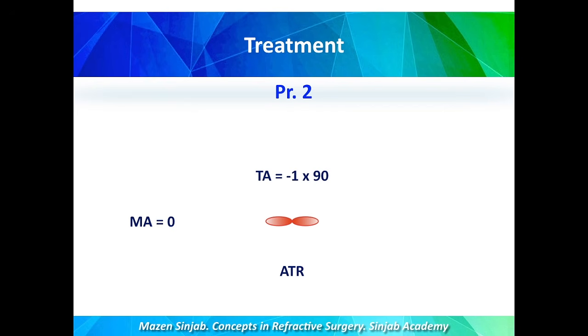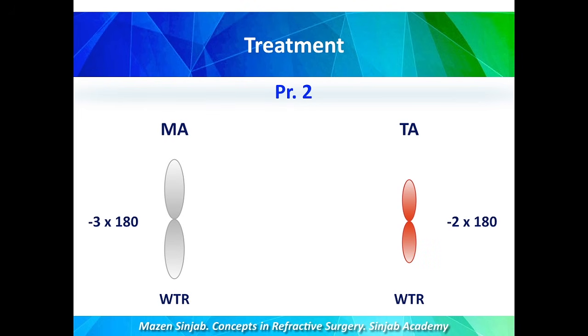Now, the patient will not tolerate this situation, because we have converted his topographic astigmatism from with the rule, which was native for him, into against the rule, which is very odd to his brain.